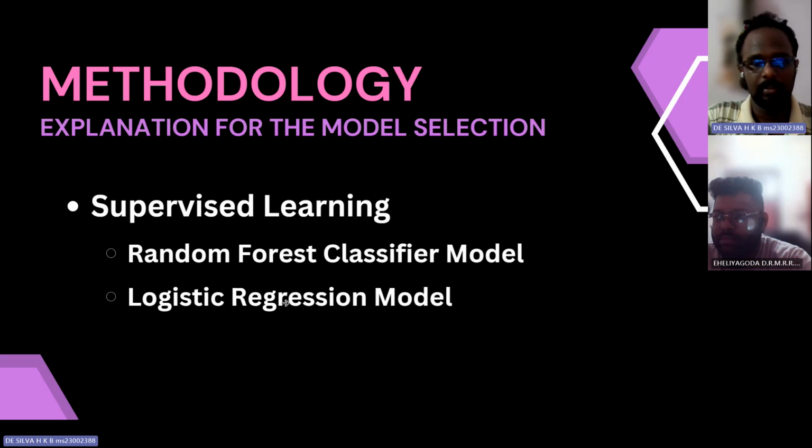Then we selected the logistic regression model as the other model because it is an interpretable, transparent, and effective mechanism that also serves as a good baseline. Therefore, logistic regression becomes an attractive choice for solving our problem of predicting heart failure.